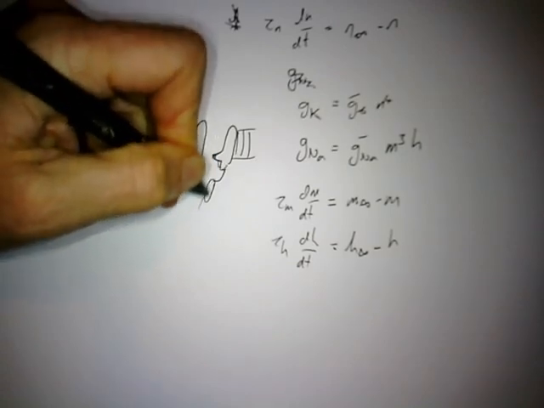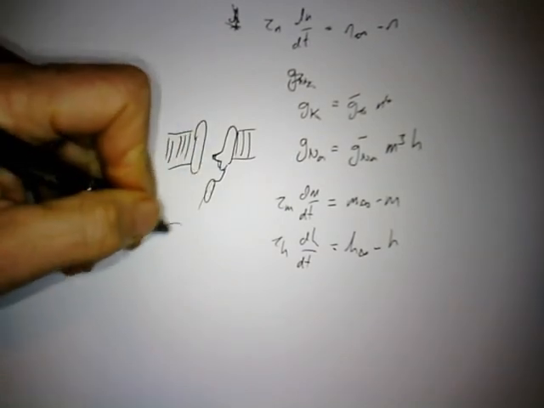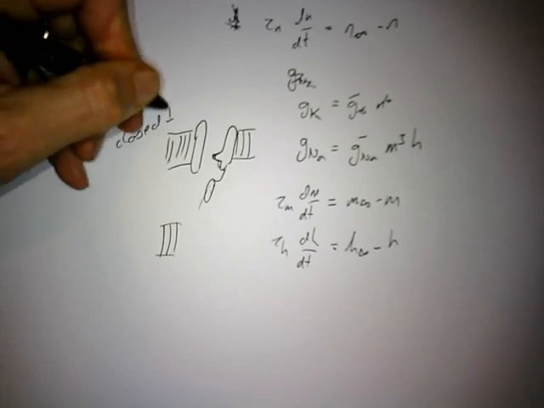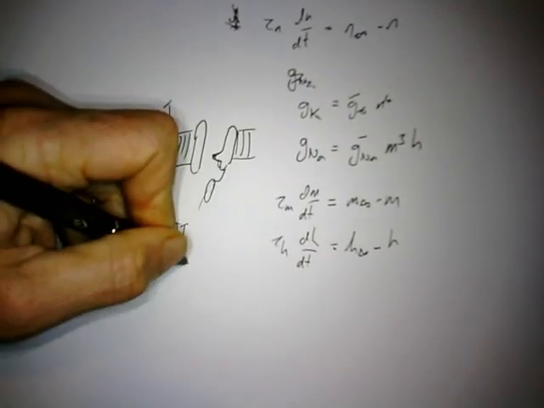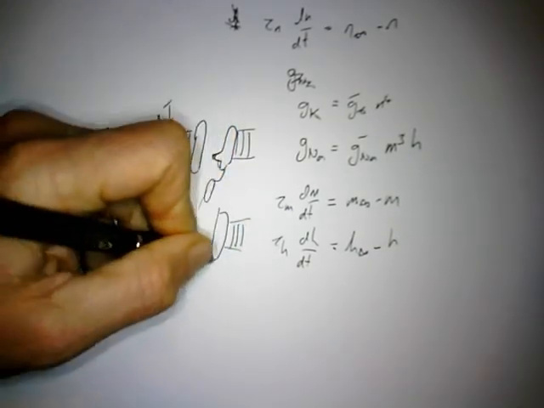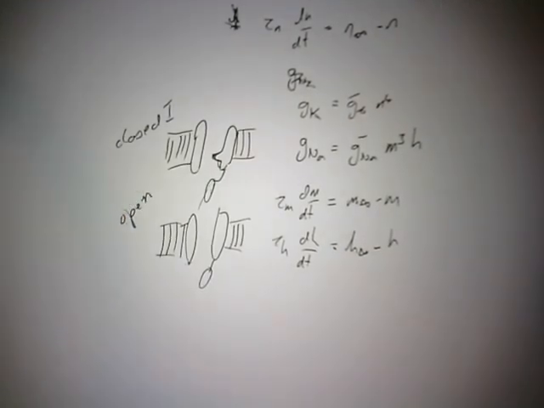The H gate is open, but the M gate is closed. This is the closed state, people sometimes call it. As the voltage gets higher, the M gate opens, but the H gate also remains open. And so this is the open state, and this is when the sodium can pass through the channel.